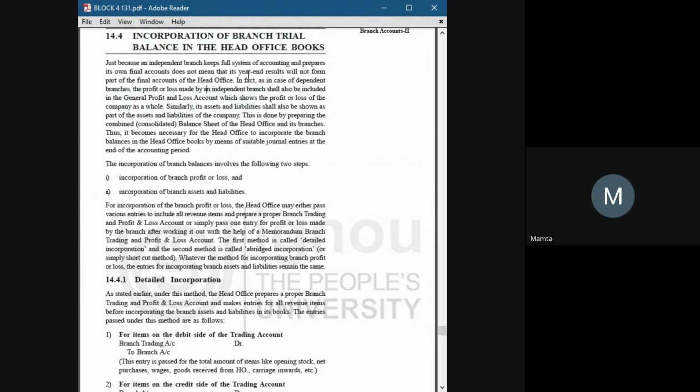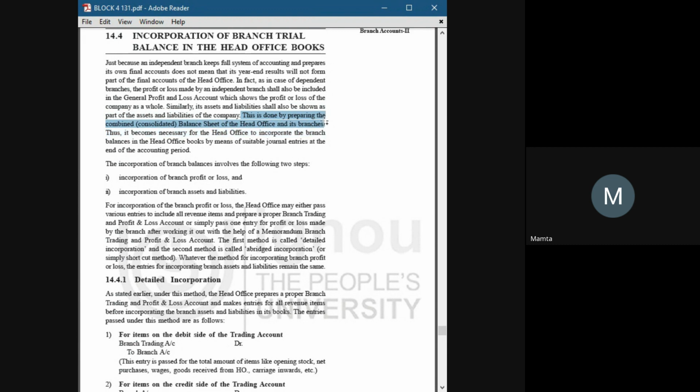In fact, as in the case of dependent branches, the profit or loss made by the independent branch shall also be included in the general profit and loss account, which shows the profit or loss of the company as a whole. Similarly, its assets and liabilities shall also be shown as part of the assets and liabilities of the company. This is done by preparing the combined consolidated balance sheet of the head office and its branches.